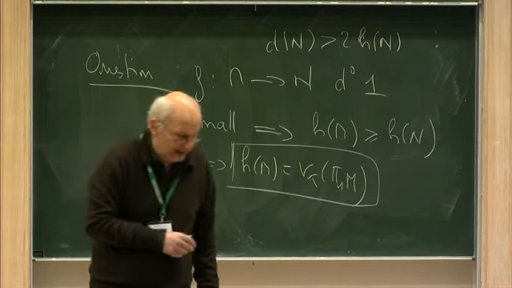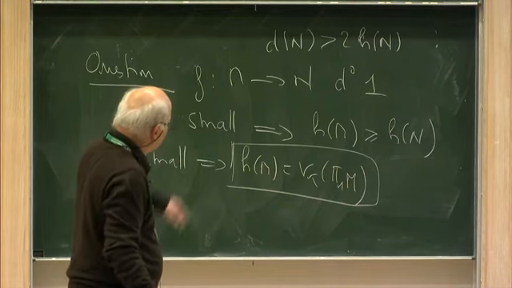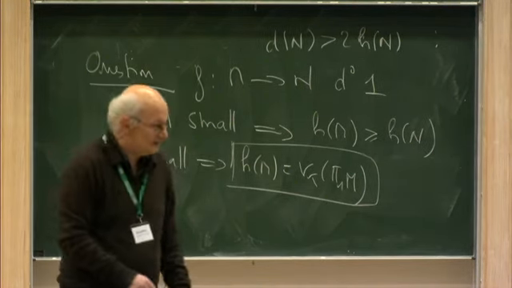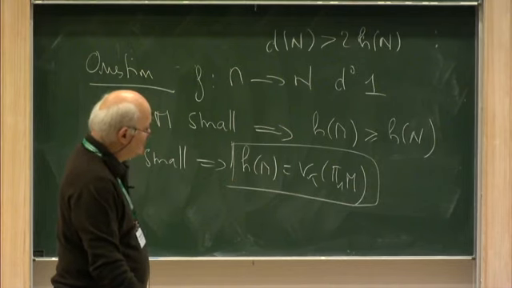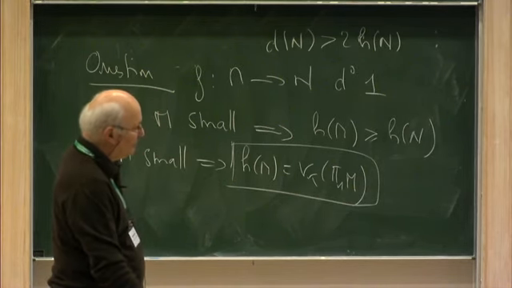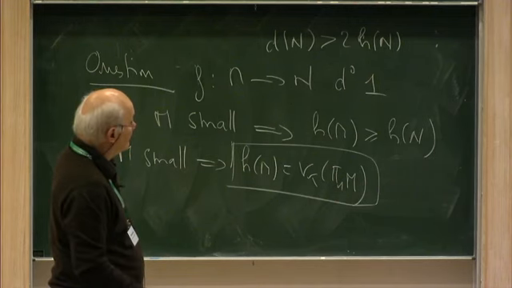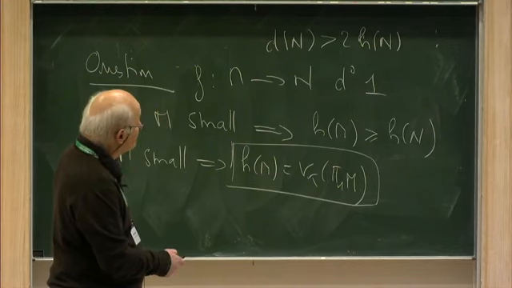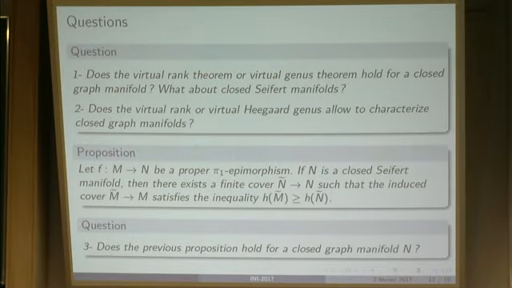I did not write this kind of question because I have no idea if it's true. I think this diameter will be important at some point. So here is the question: does this virtual rank theorem work for graph manifolds? I ask it.